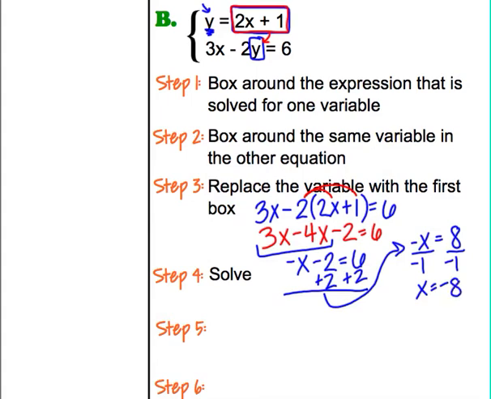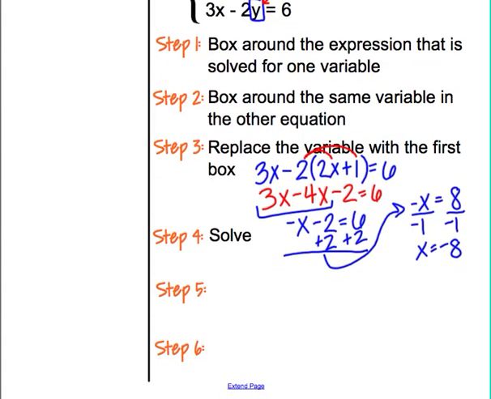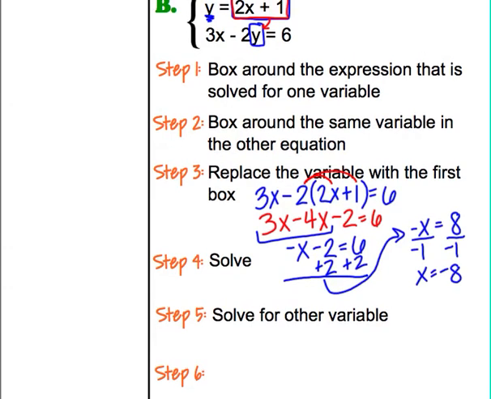Once we have completed that, we're going to solve for the other variable. Now that we know x equals negative 8, I'm going to put that back into this first equation to get y. It tells us y is equal to 2x, or 2 times negative 8, plus 1.